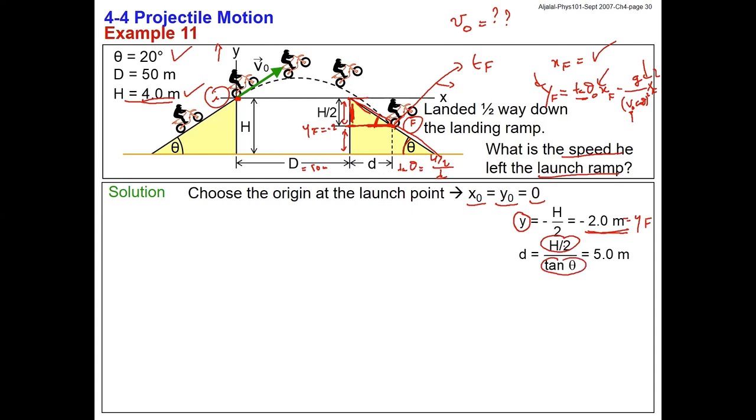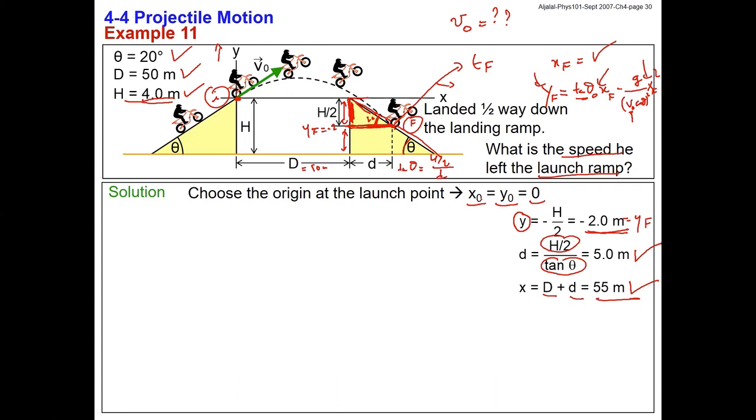So let me do that. This is 2 meters. This is 20 degrees. So I can know this small d, which gives me 5 meters. So my x final will be just capital D, which is given by the problem, 50 meters, plus small d, which gives me 55 meters.